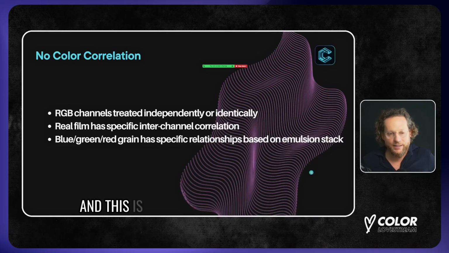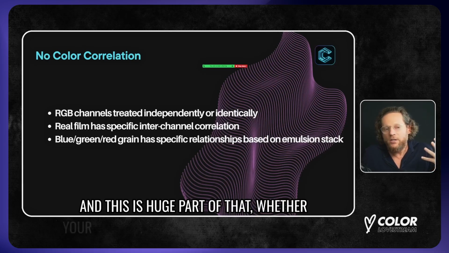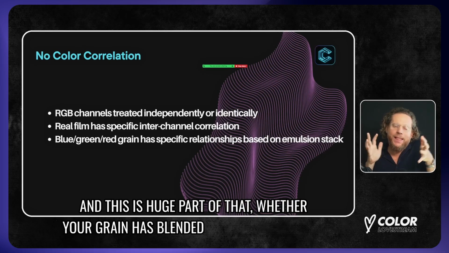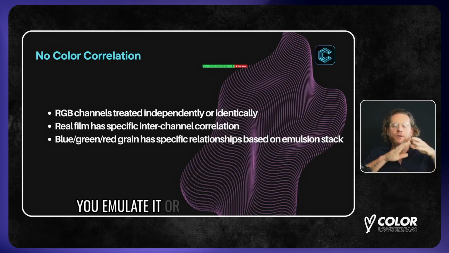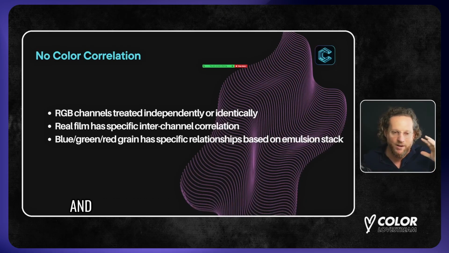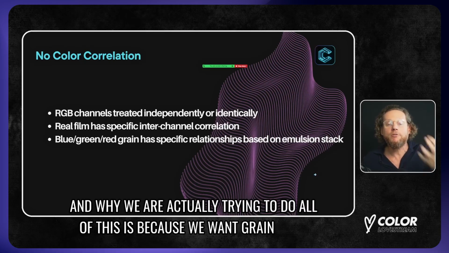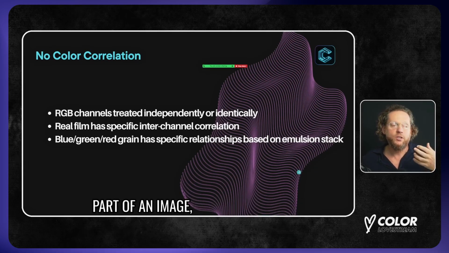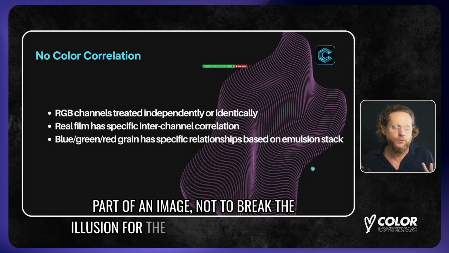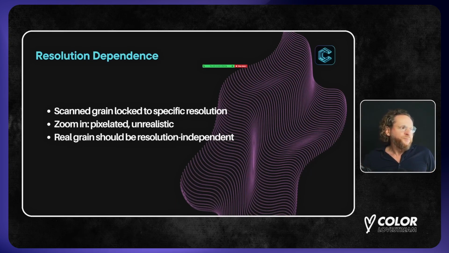And this is a huge part of whether your grain blends with an image when you emulate it or just feels like it sits on top of it. The reason we are trying to do all of this is because we want grain to be part of an image, not to break the illusion for the viewer that there is just a layer they're looking through, right?